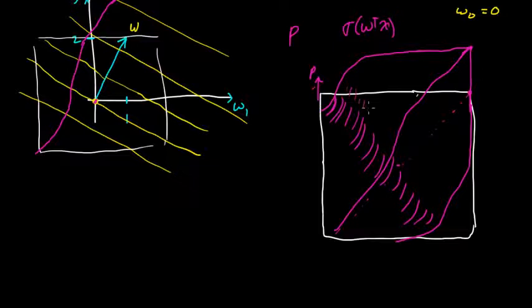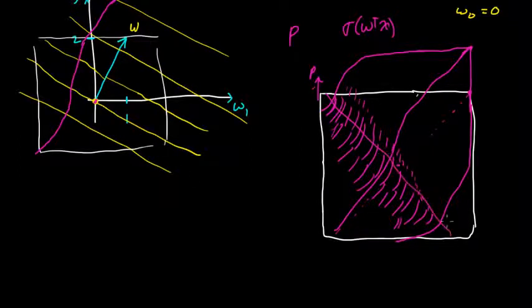Hopefully this is helping you to visualize what this looks like. So this function in 3 dimensions starts out small down here. It's very small, near 0. And then it climbs up. It hits a half at this line here. And then it gets closer and closer to 1 as x is getting larger in the direction of w.